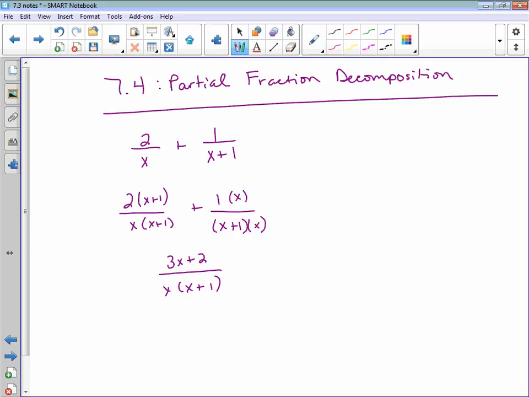That's just adding, you guys know how to do this. What partial fraction decomposition does, you sort of go in reverse. So I'm going to give you the final piece, and you're going to have to turn it back into those original fractions separated. And you're going to have to find the numerators of the fractions that would make that work. So you are going to be finding this 2 and this 1.